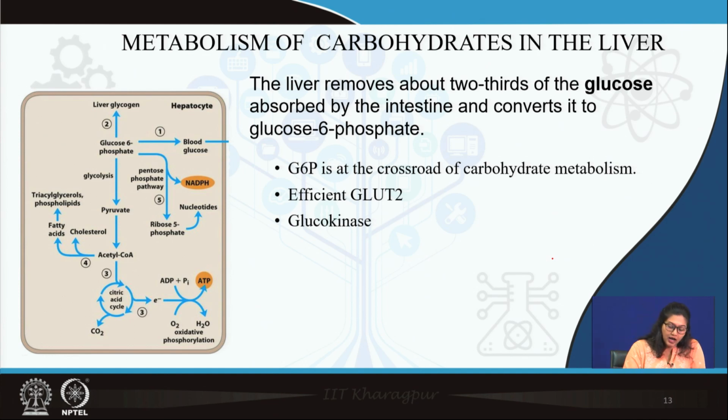So, you can see, apart from provision of blood glucose in circulation, glucose 6-phosphate can enter glycolysis via formation of pyruvate, through the TCA cycle, or this acetyl coenzyme A can be utilized for formation of different other biomolecules.